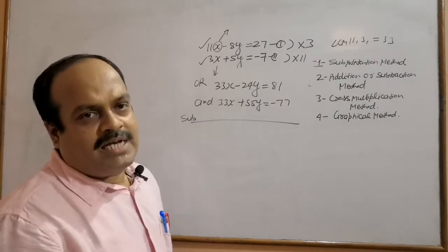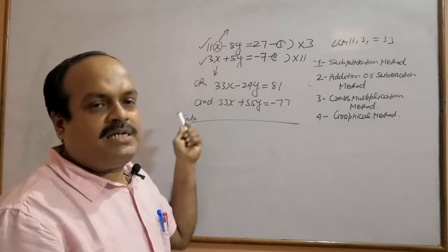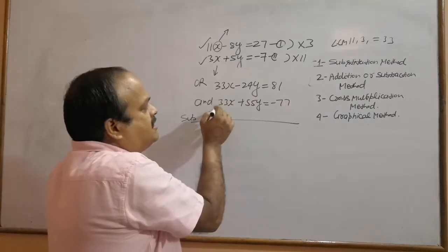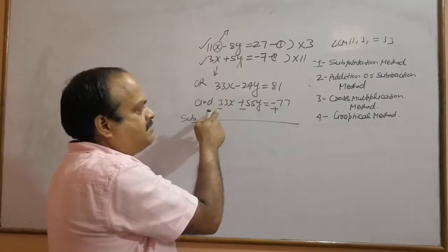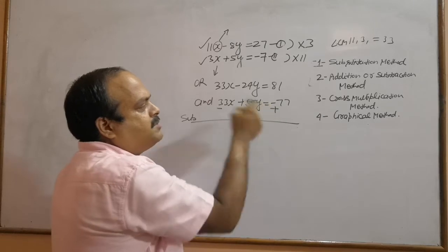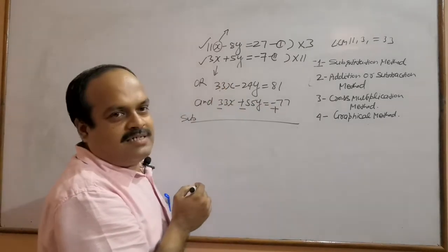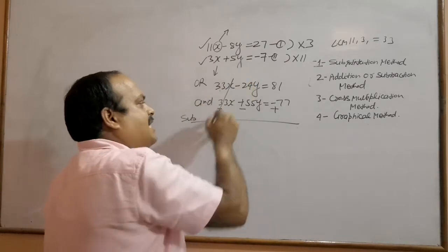Same sign, how can we cancel out? So I need to change the sign, and to change the sign I write subtraction. When you write subtraction, change the sign of every term. So plus becomes minus, plus becomes minus, minus becomes plus. So 33x minus 33x, equal and opposite sign, cancel.